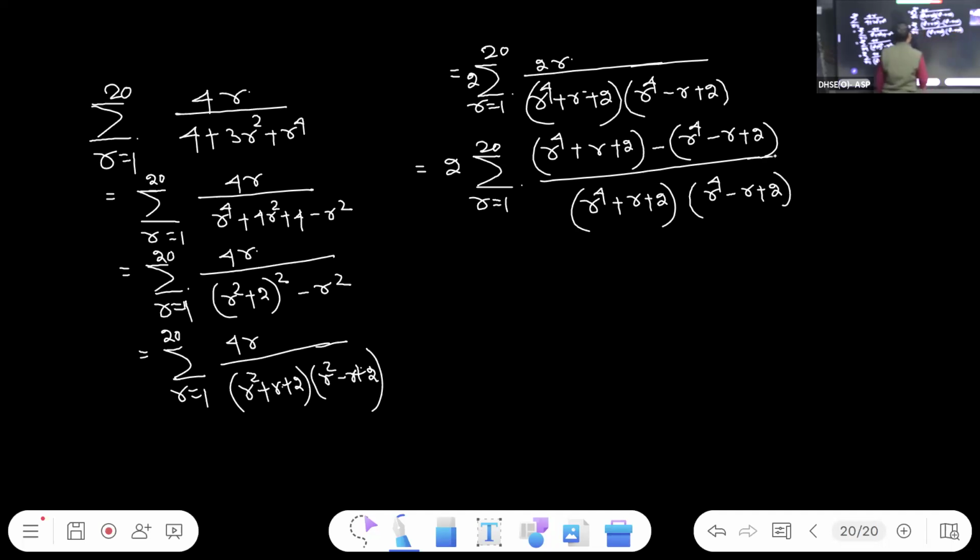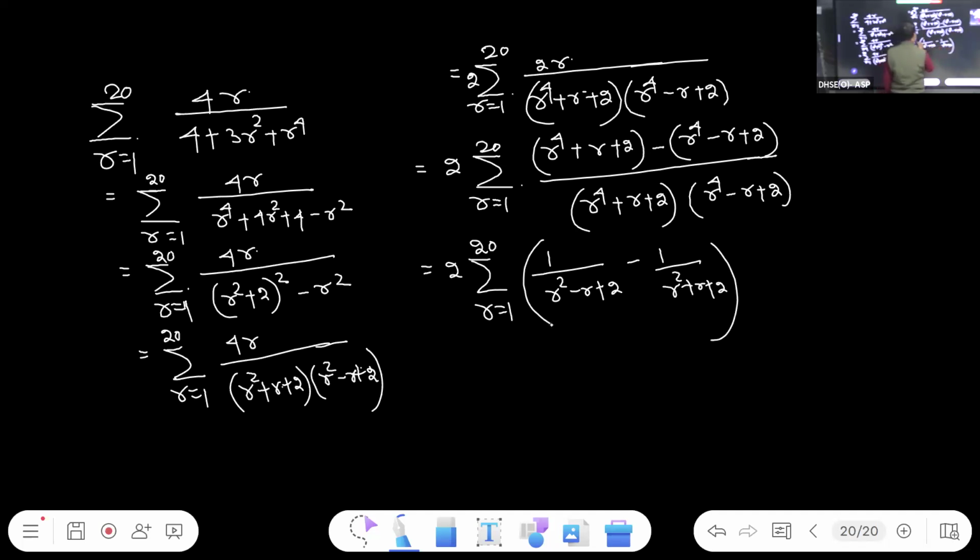This is equal to 2 times sigma r is equal to 1 to 20, 1 upon r square minus r plus 2 minus 1 upon r square plus r plus 2.